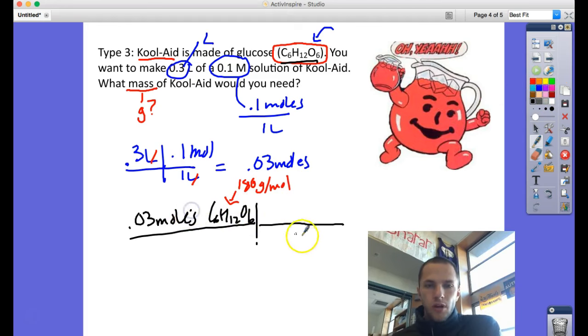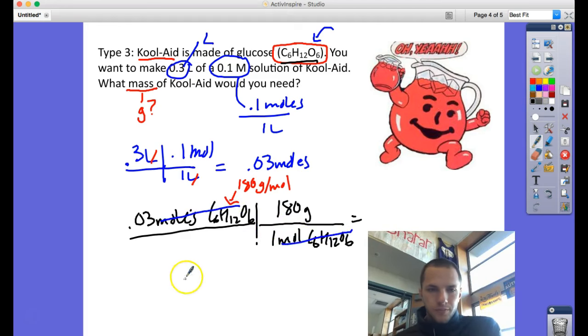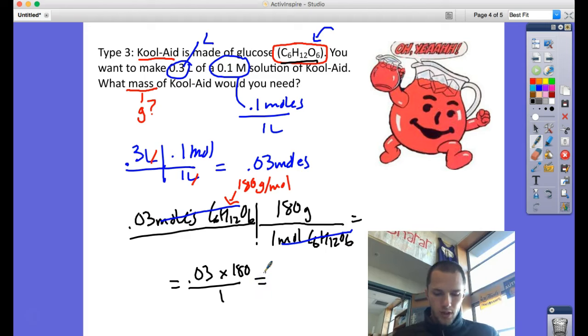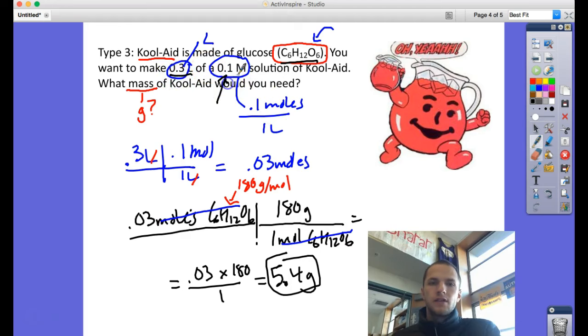Since I have moles in the numerator here, I need 1 mole in the denominator here, and on top, 180 grams. There's my setup. So now if I cancel out moles of C6H12O6, I'm going to be left with 0.03 times 180 over 1. 0.03 times 180 is going to give me about 5.4 grams of Kool-Aid I would need to add to 0.3 liters of water to make this solution have this concentration.